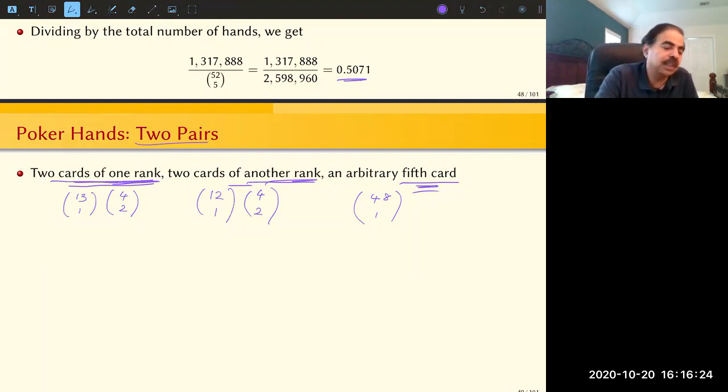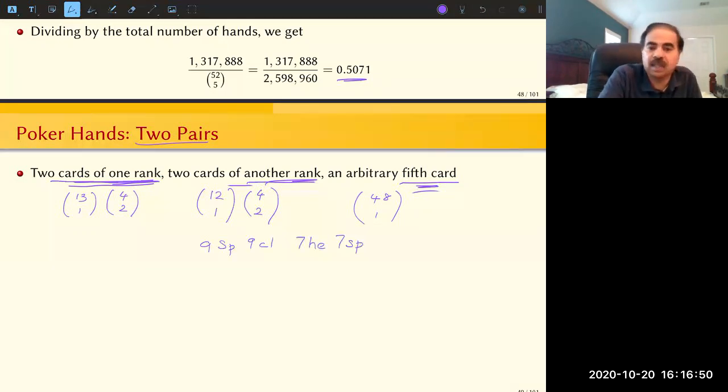Let's consider an example. Let's say 9 spades, 9 clubs, and then let's say we choose 7 hearts and 7 spades.